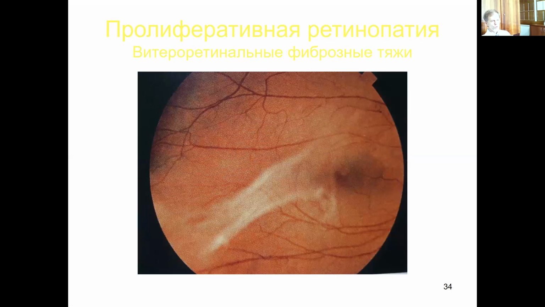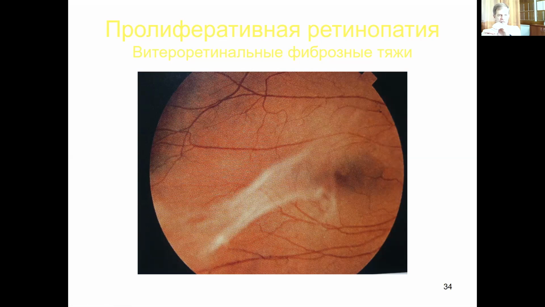And an even more serious complication may happen. You see, what is this? This is collagen. This is a scar in the eyeball. Where is this scar? Now just imagine the eyeball. The problem is that when this huge amount of vessels start growing, they grow not only in the retina, they grow into the vitreous, inside the eyeball.